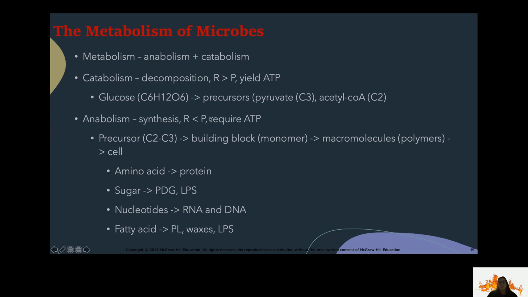And in order to build that, these reactions are going to require ATP. So what happens in nature is we couple anabolic and catabolic reactions to make sure we have the energy necessary to do both. And in order to get there, guys, catabolic reactions happen on part of our Nike swoosh, and anabolic reactions happen on the other part of our Nike swoosh.